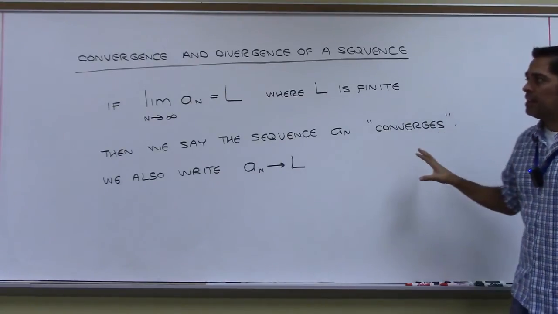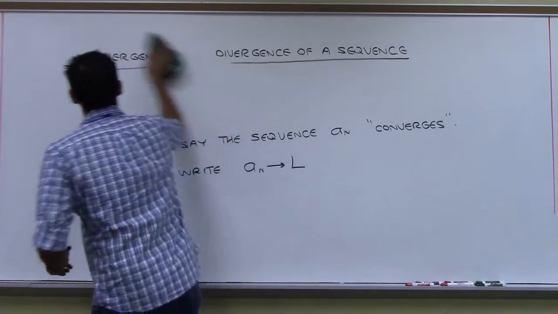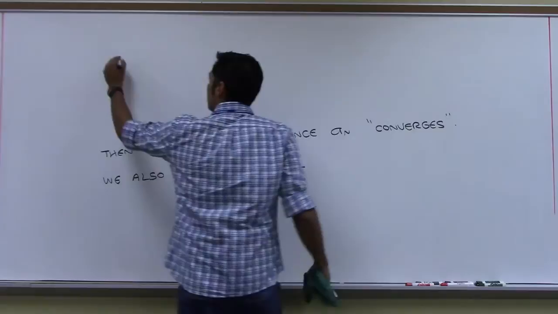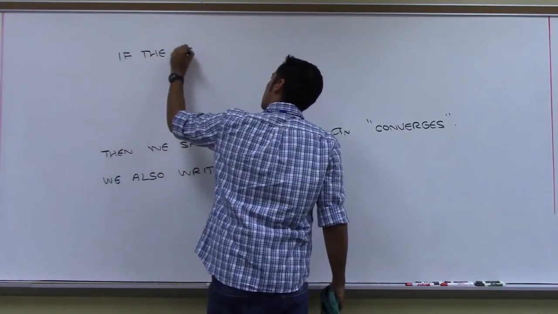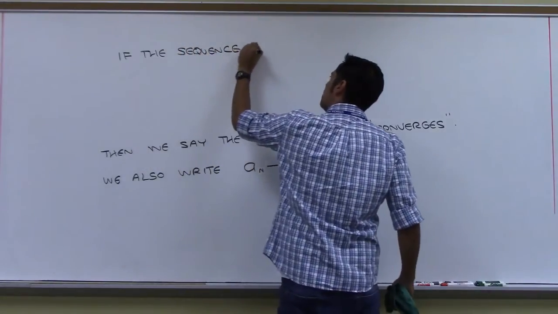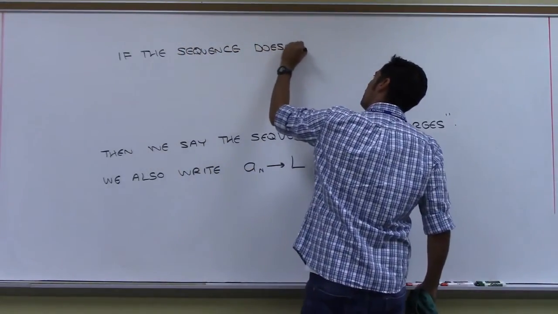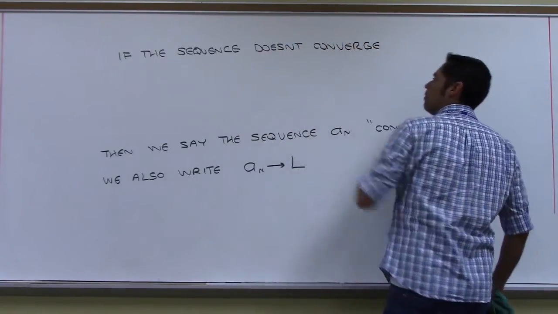So we have to account for that also. So what we say is this. If the sequence doesn't converge, we say it diverges.